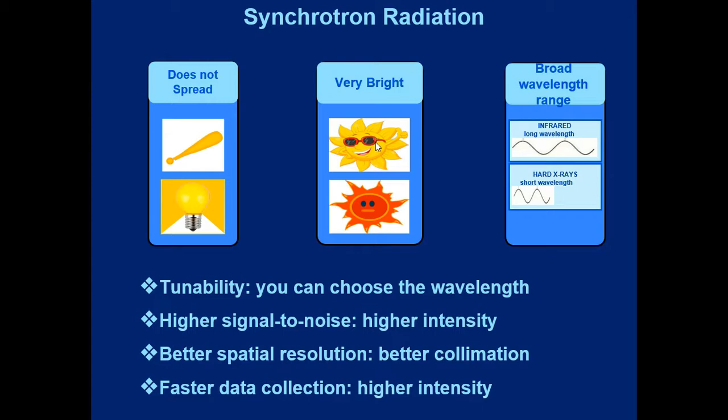It gives us more energy coming in, and it allows us to do even more in a shorter period of time. One of the beauties of this is that this light energy can be used for many different applications. It's a higher intensity, we get better resolution out of it, and you also have what's known as tunability. We can adjust the wavelength coming in by using all kinds of different adjustment techniques.